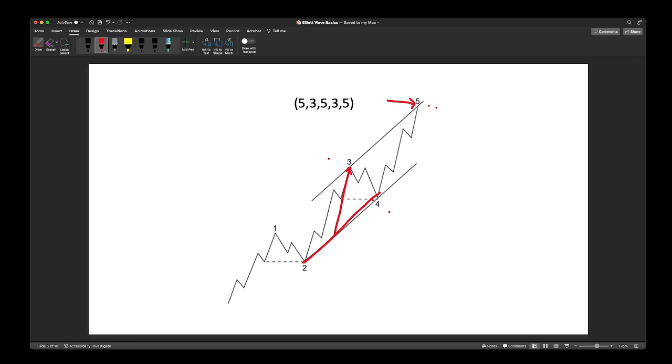That's a guideline in which we can anticipate a take profit. It's a parallel channel.